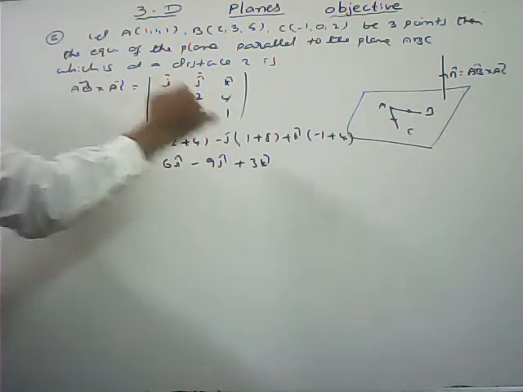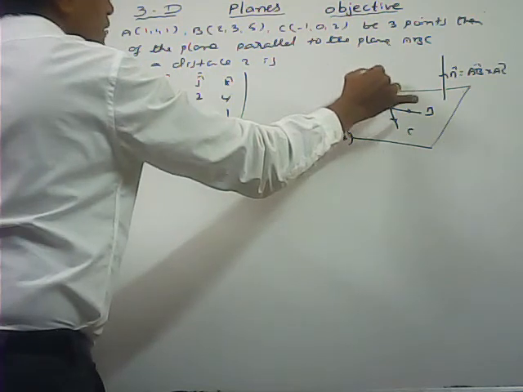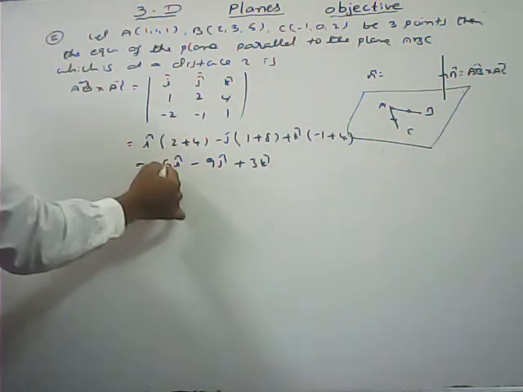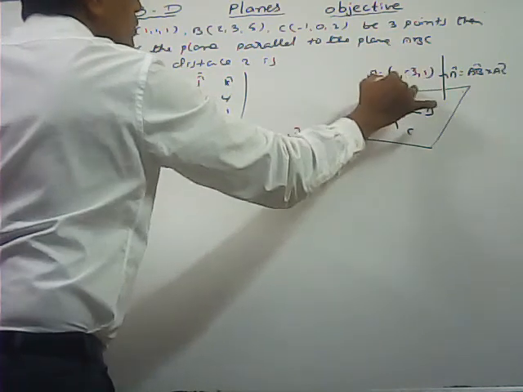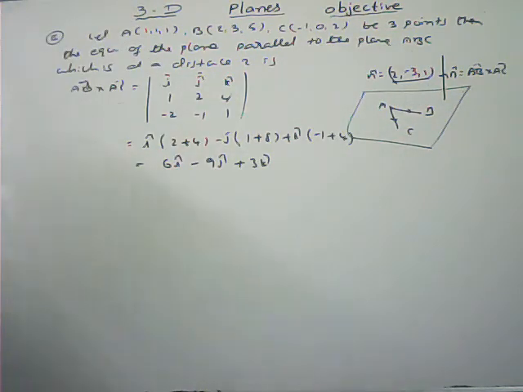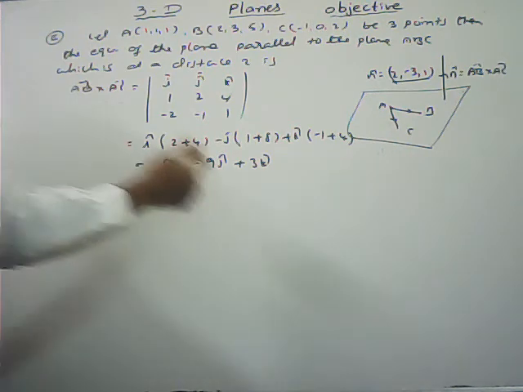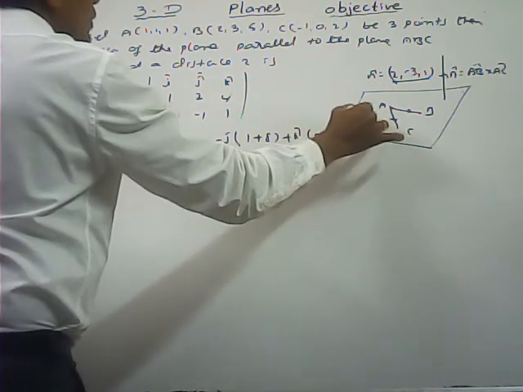So what are the normal dr's of the plane? That is equal to 3 times 2, 3 times minus 3, 3 times 1. 2, minus 3, 1, those are the normal dr's of the plane. And here you can consider any one of the points, 1, 1, 1.